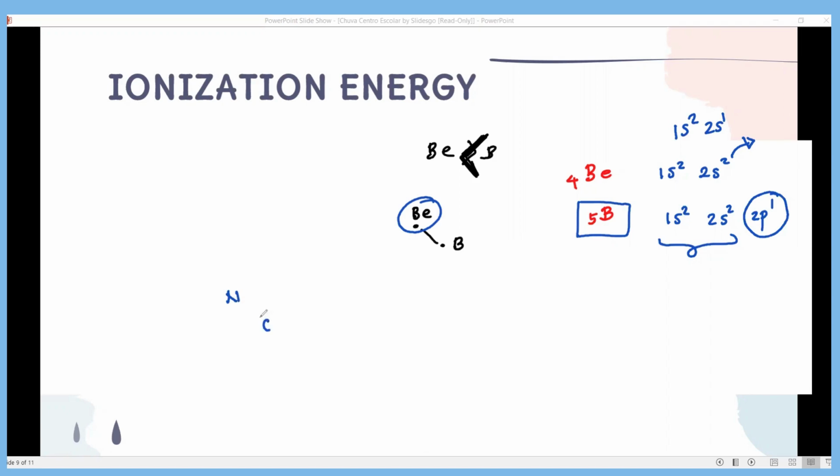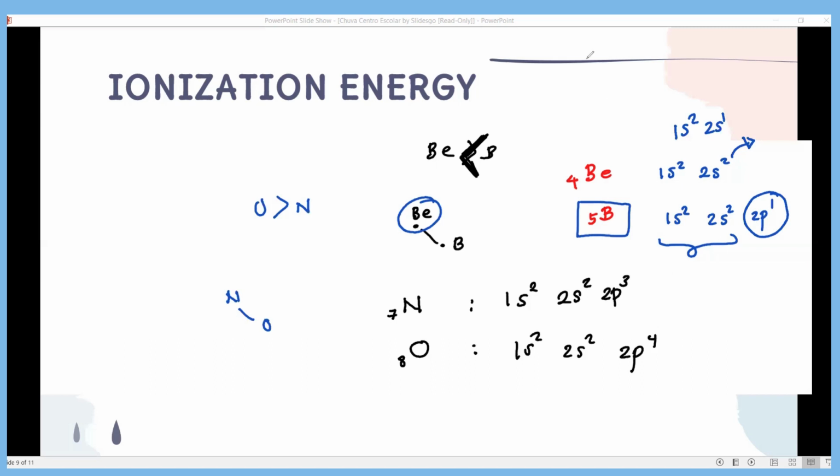Nitrogen and oxygen: what we expect is oxygen having greater ionization energy than nitrogen. But what we have is nitrogen having greater ionization energy. The atomic numbers of nitrogen and oxygen are 7 and 8. The electronic configuration is 1s2, 2s2, 2p3 for nitrogen, whereas it is 1s2, 2s2, 2p4 for oxygen.